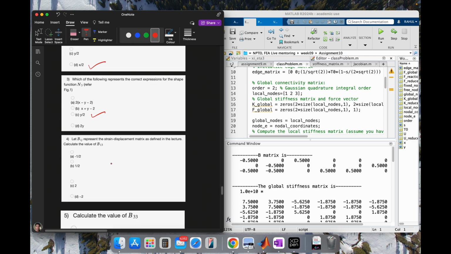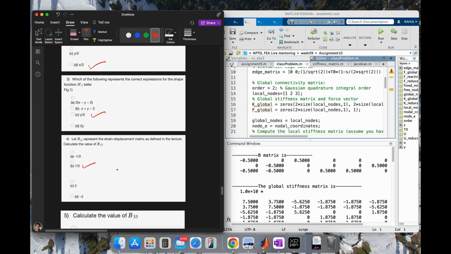Now it is saying let Bij represent the strain displacement matrix. In the lecture calculated, what will be the value of B13? So B13 will be 0.5. So this will be the answer.